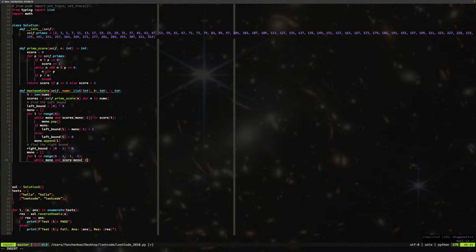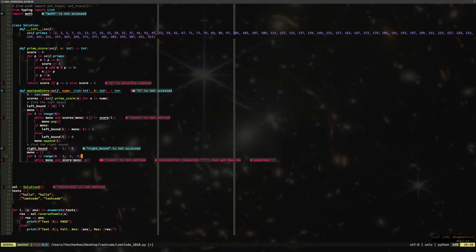So this is monotonic decreasing, but it's slightly different, right? Because if I go to the right hand side, because it's monotone decreasing, if I find someone who has the same score as me, I can pop it. Oh, shoot. That is not right. We cannot pop it here.